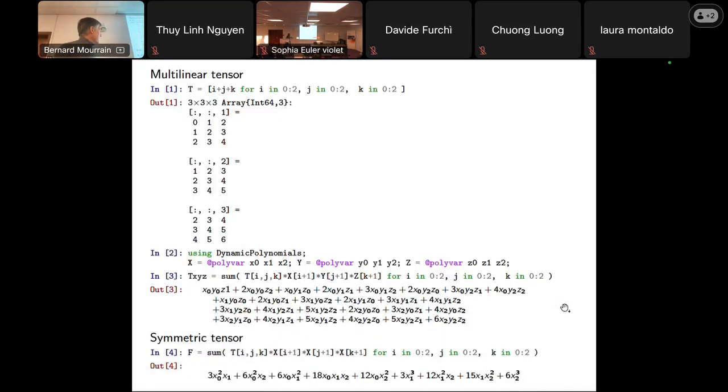So I prefer this form when dealing with tensors given in this form.